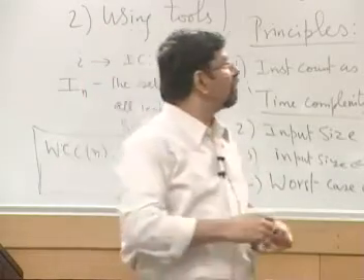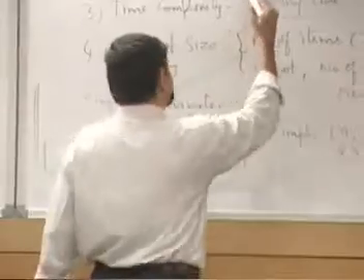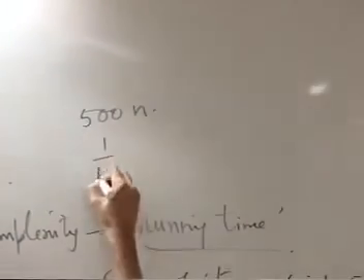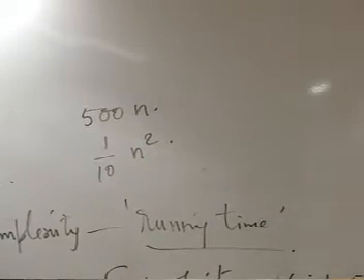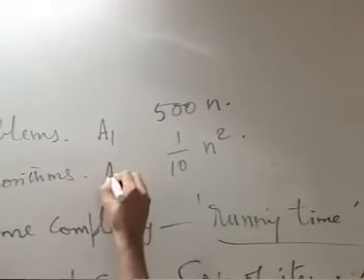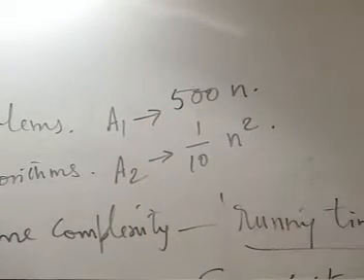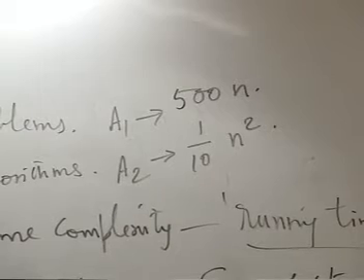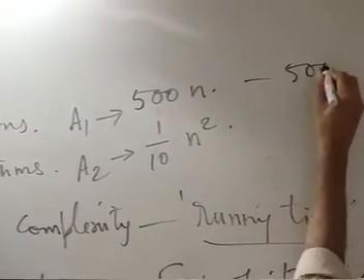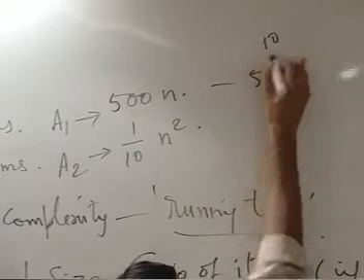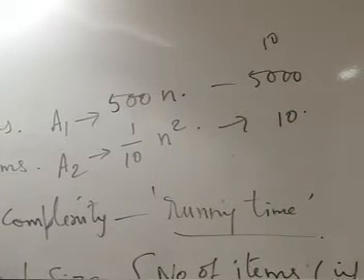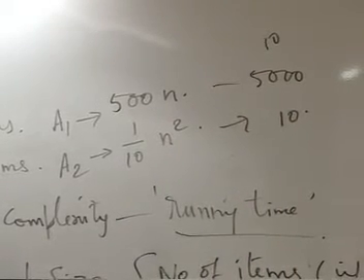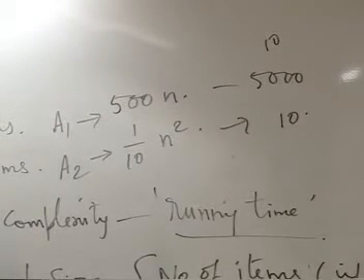Okay? So, suppose you take 500 n and 1 by 10 n square. Suppose this is the complexity of algorithm A1 and this is the complexity of algorithm A2, hypothetically. If you take n equal to 10, this becomes 5000, and this becomes only 10. Okay? So looks like this is far better than the other one, but it is not actually the case.